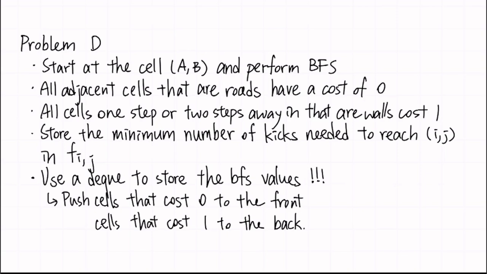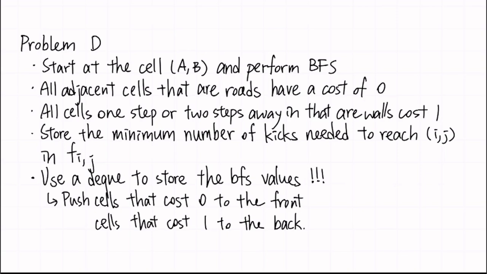And so we can store the minimum number of kicks needed to reach grid ij in a 2D array Fij, and then we can perform a BFS starting from cell AB as given in the problem. And we can use a deque to store the BFS values, since this way we can push the cells that cost 0 to the front and cells that cost 1 to the back of the queue.